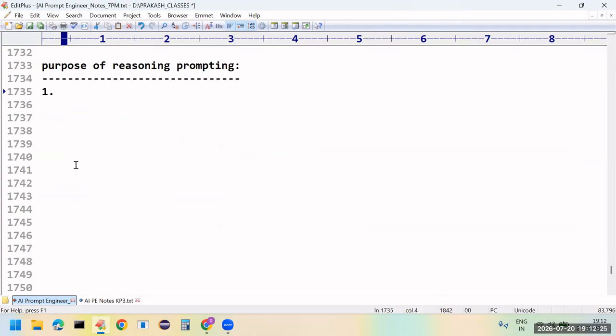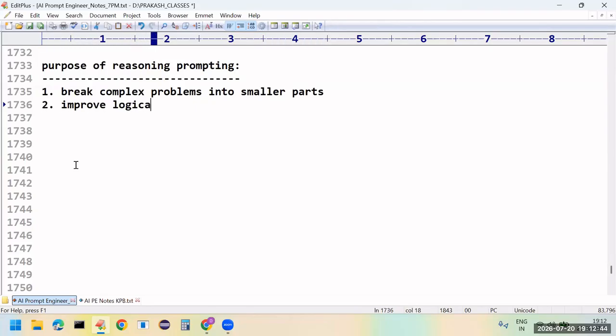In reasoning prompts, we break complex problems into simple, smaller parts. Next, we improve the logical accuracy. Sir, the previous data is not up to the mark, can you please improve that? For that also reasoning prompts are used.